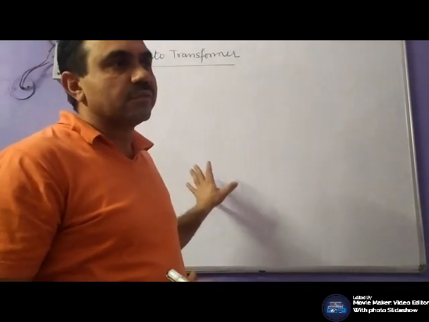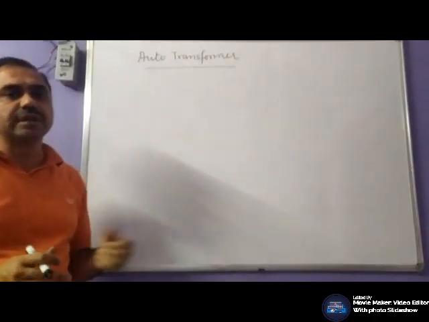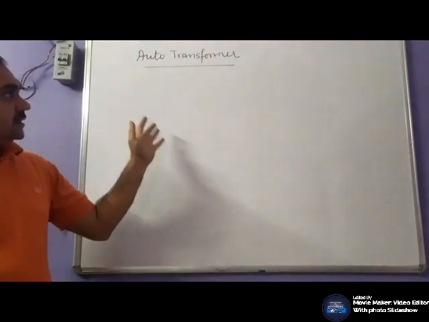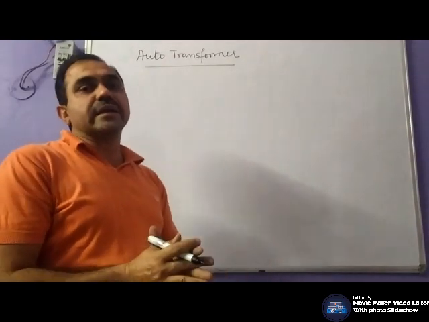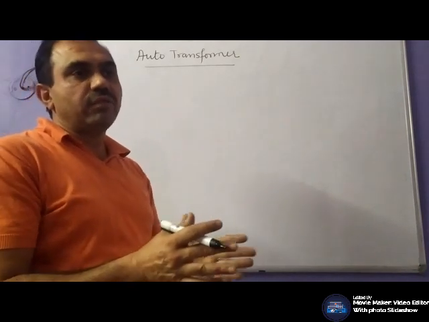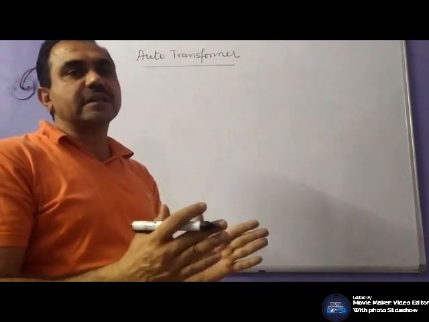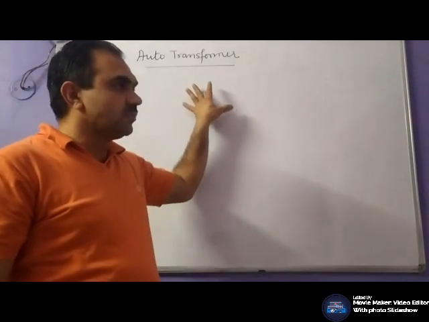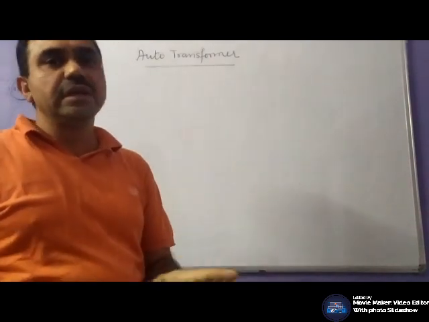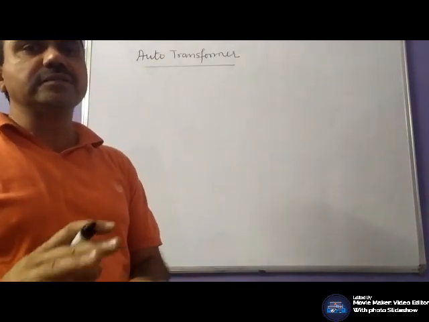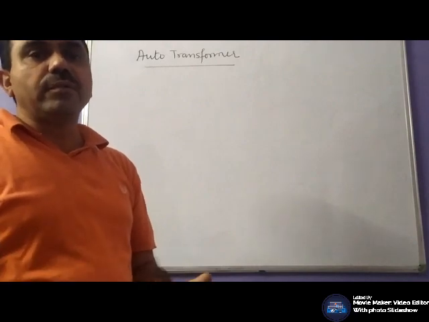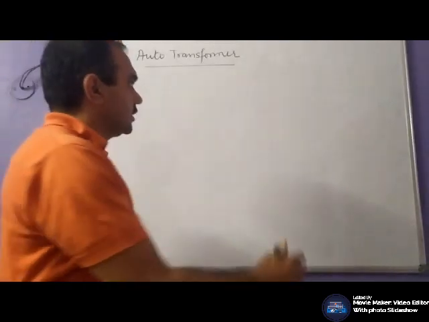These transformers are used in these applications, and they are different from a two winding transformer, because in a two winding transformer we have electrical separation, whereas in an auto transformer we have only one winding, and that winding is used to step up or step down the voltage.